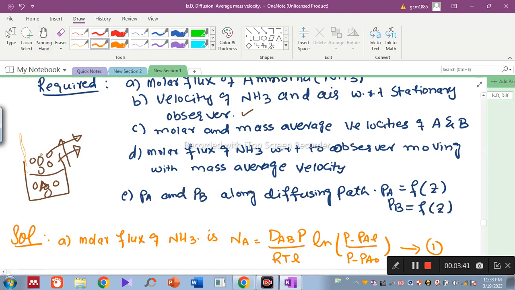This is the air molecule, and this is the ammonia molecule. These are the ammonia molecules.